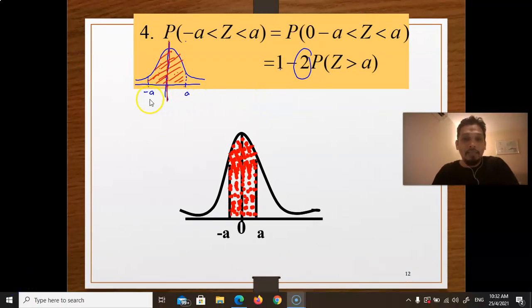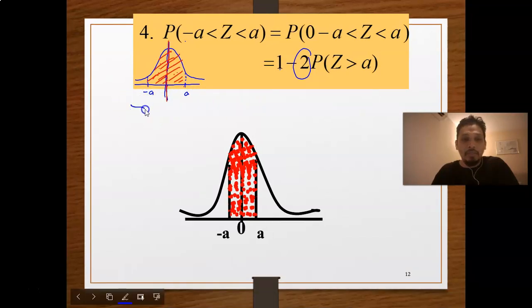Okay, let me explain this. Let's say I take the area on the left side and another half on the other side.